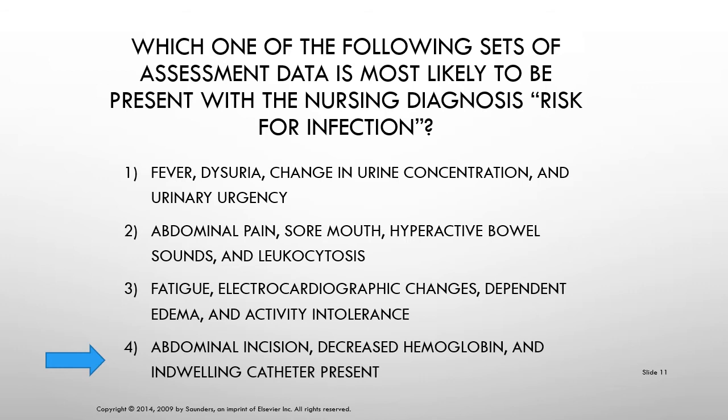If they already have signs of infection, it's not a risk for infection. To be at risk, you don't have the infection yet. So if they already have the indications of infection, then it's too late. They're no longer appropriate. The risk of infection is no longer an appropriate diagnosis.